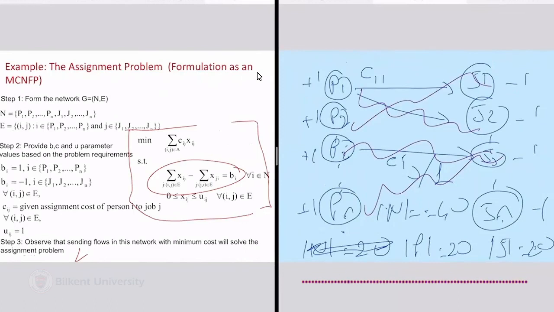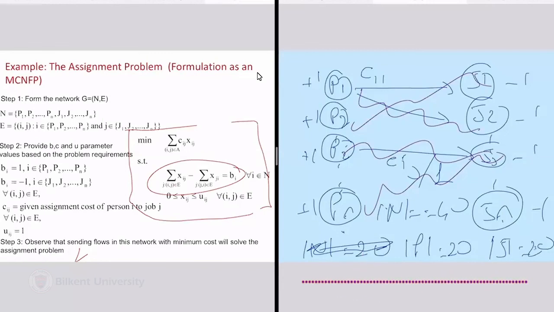Any other questions? I'm trying to explain these at a slower pace because these are really crucial, and I know this is a different mindset. Even though in the original problem there was no network, sometimes a network is there. There is this road network, there is this telecom network. So the MCNFP is very apparent.